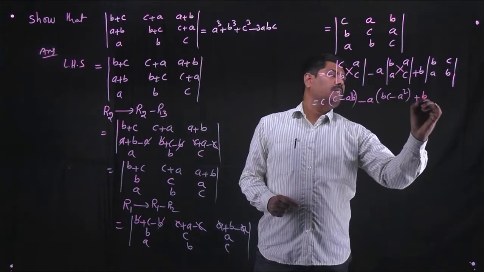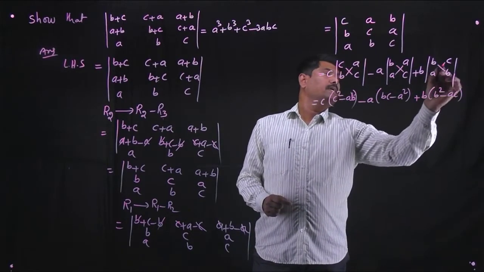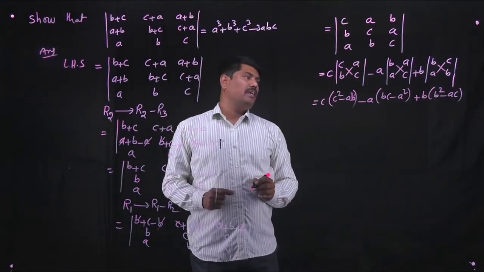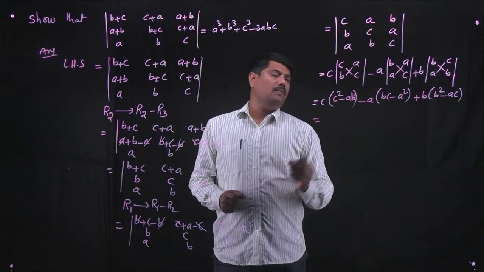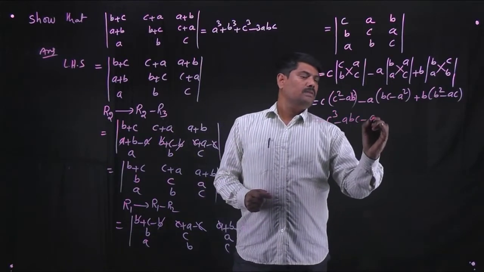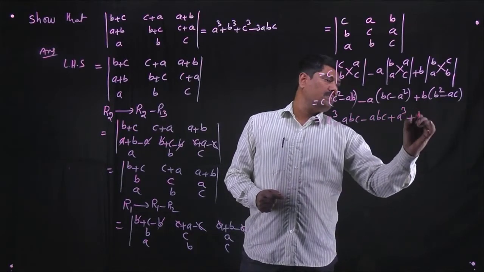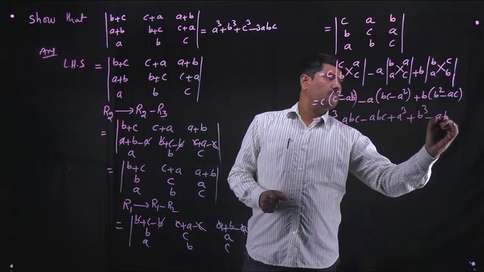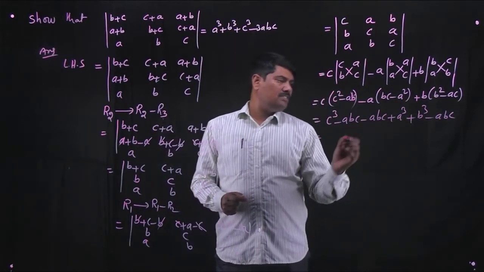And the third one is b into b square minus ac, which is ac or ca. Again multiplying the values into the brackets: this is c cube minus abc, this is minus abc plus a cube, and b into b square is b cube minus abc. So writing all these values in general order.